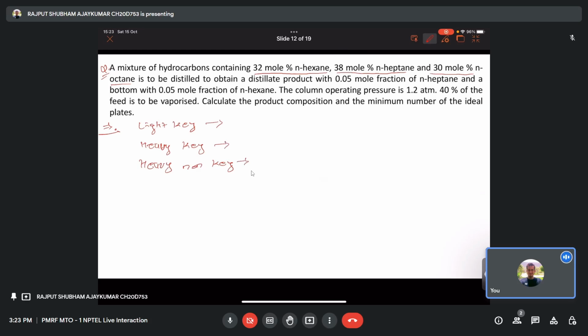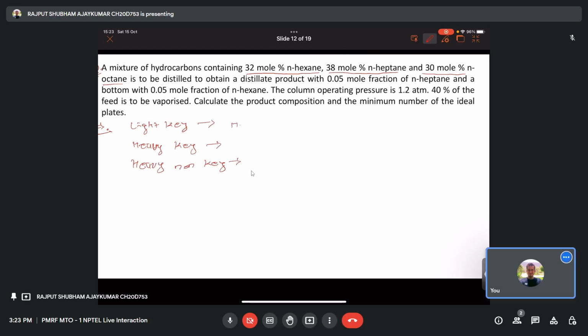If you go through the question, the light key is n-hexane, the heavy key is n-heptane, and the heavy non-key is n-octane.